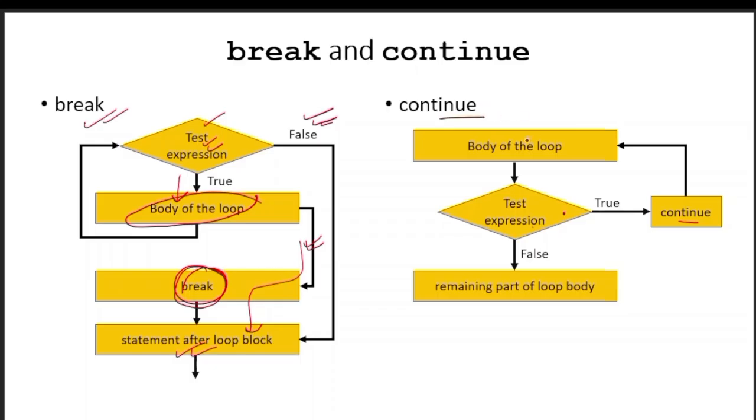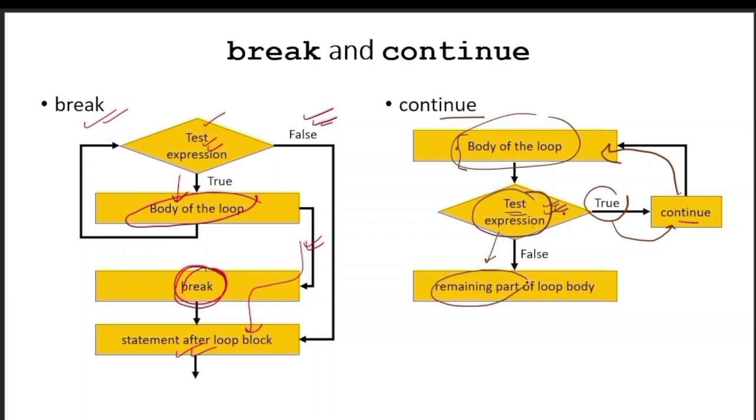In continue, we have a test expression, that is, a test condition, which we check when we are in the body of the loop. If the test condition is true, then we continue to execute the previous part of the loop body, the part above this test expression. When this test expression is false, then we execute the remaining part of the loop body.